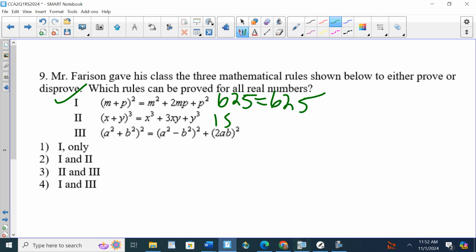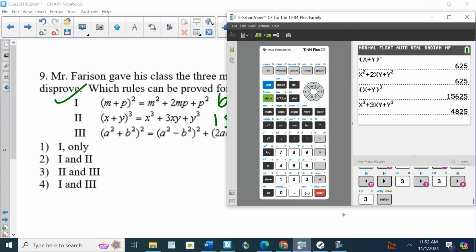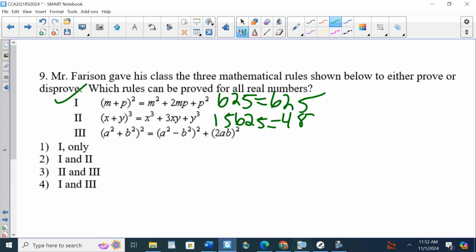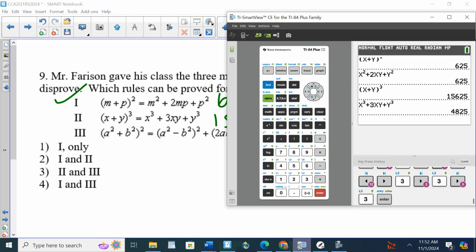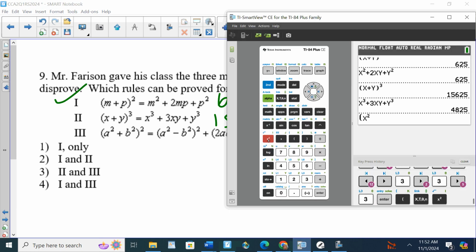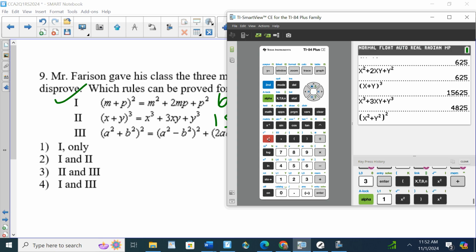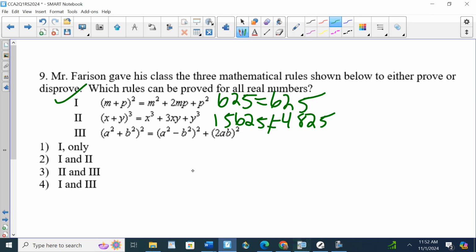So 15625 and 4825 are not the same. And finally, choice 3, x squared plus y squared squared is 105,625.